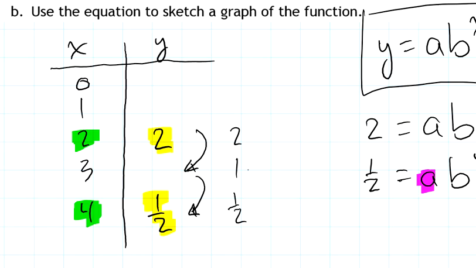To move backwards, you can divide by 1/2, which is the same as multiplying by 2. So this should be a 4, and then this value right here should be an 8. So now I see my 0th term. I'm going 8, half of that is 4, half of that is 2, half of that is 1, half of that is 1/2. So I do see my 0th term, and I also see my multiplier.